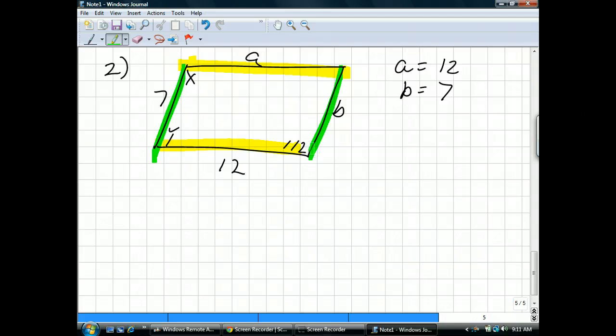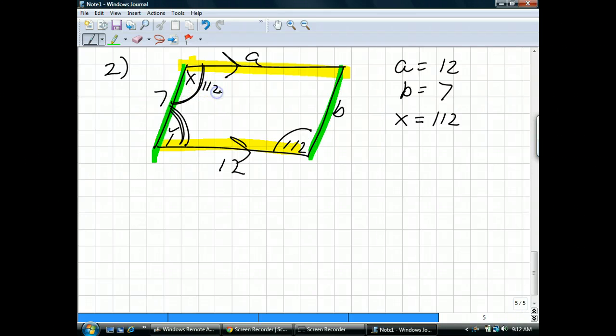I also know that angle X must be 112 degrees because opposite angles are congruent. And I know that this is parallel to this, and so angle X and angle Y are same side interior angles. They're same side interior angles, so therefore they have to be supplementary.